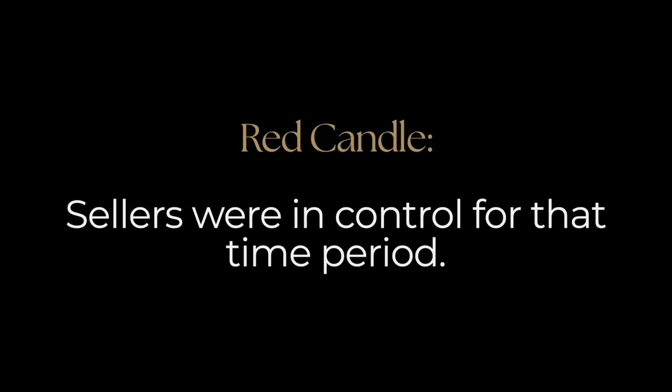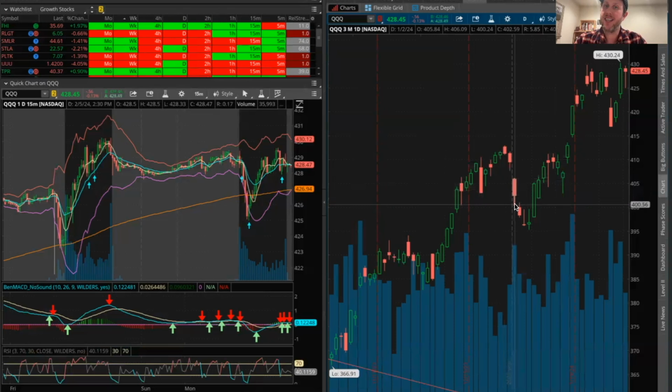And on the flip side, whenever you see a red candle, those are days that the sellers were in control during that time period. Since this is a daily chart, each candle represents one day. That means that buyers or sellers were in charge for an entire day of trading. Okay, so that's the first thing I want you to know. Green, buyers in control. Red, sellers in control.